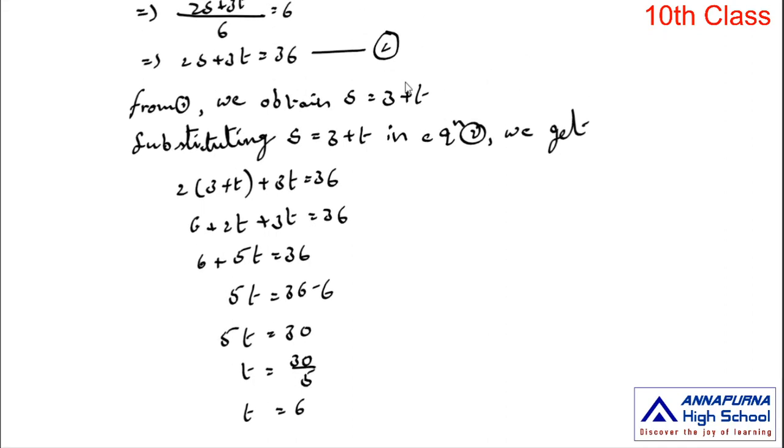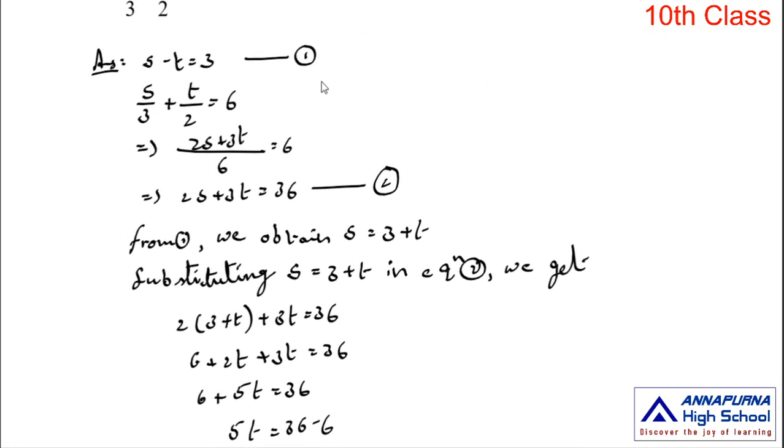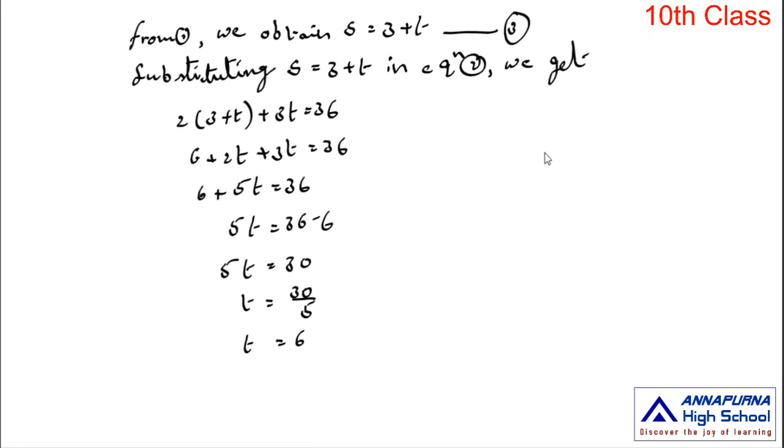Now substitute this t either in equation 1 or 2, or if you take this s is equal to 3 plus t as equation 3, substitute this t in equation 3 also.